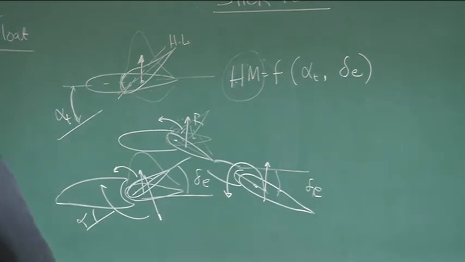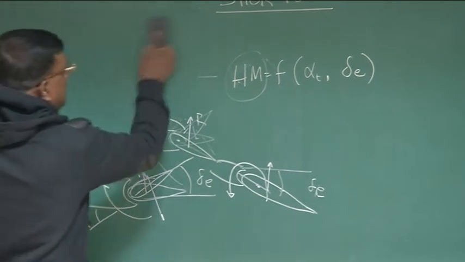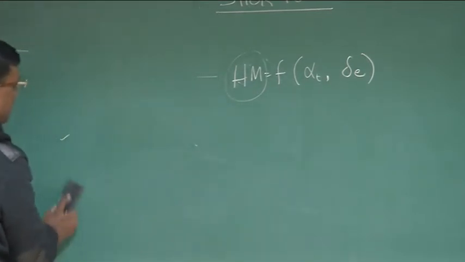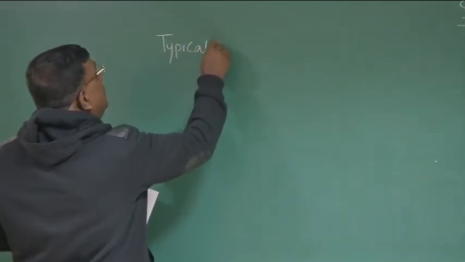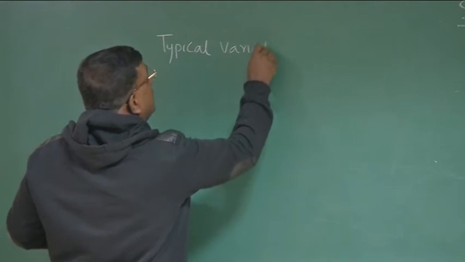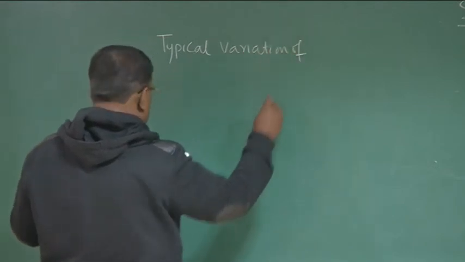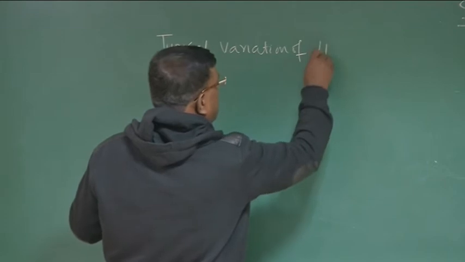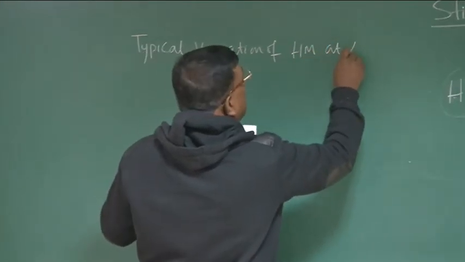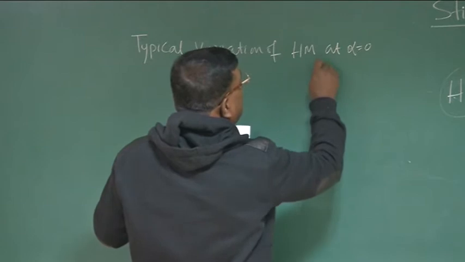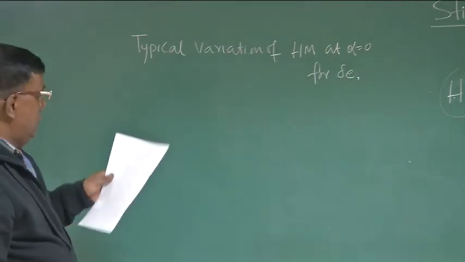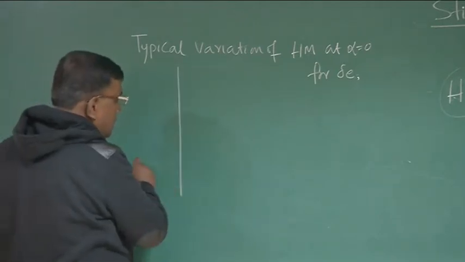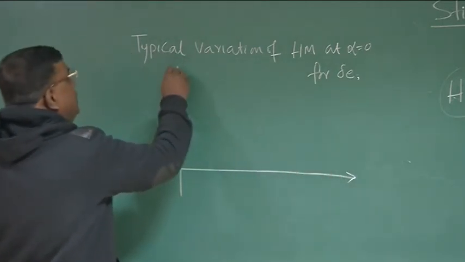Okay. So let us try to see a little bit of the nature of this hinge moment generated because of alpha t and delta E. Typical variation of hinge moment at alpha equal to 0 for delta E. And I am trying to see what is the hinge moment that is coming, nature-wise.